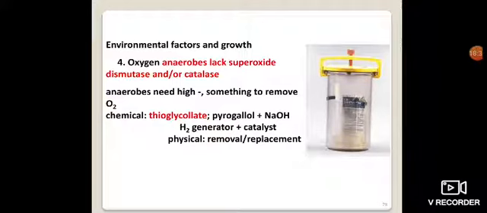So when we add water to that container, it produces hydrogen and carbon dioxide.